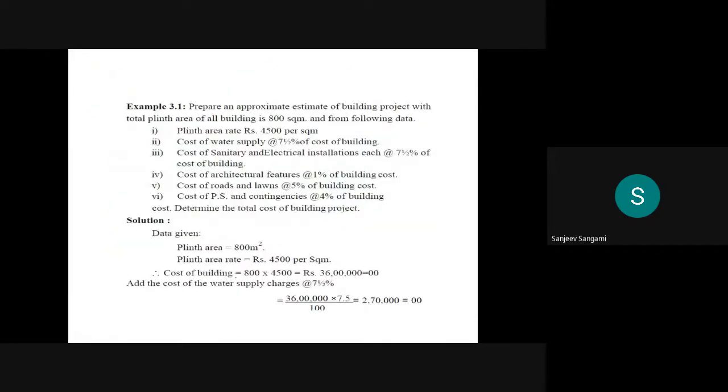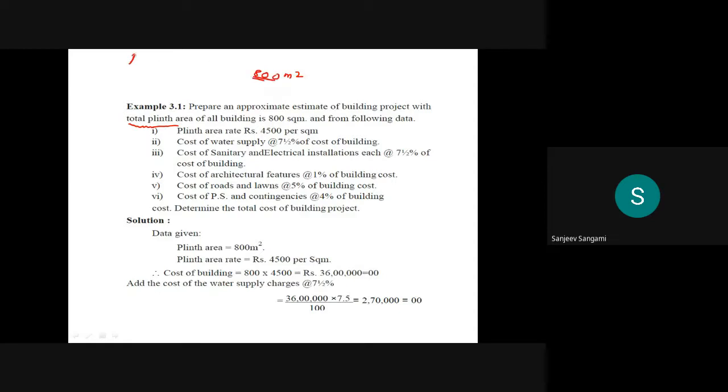Then I will take one problem. Prepare an approximate estimate of a building project with the total plinth area of all the buildings being 800 meter square.